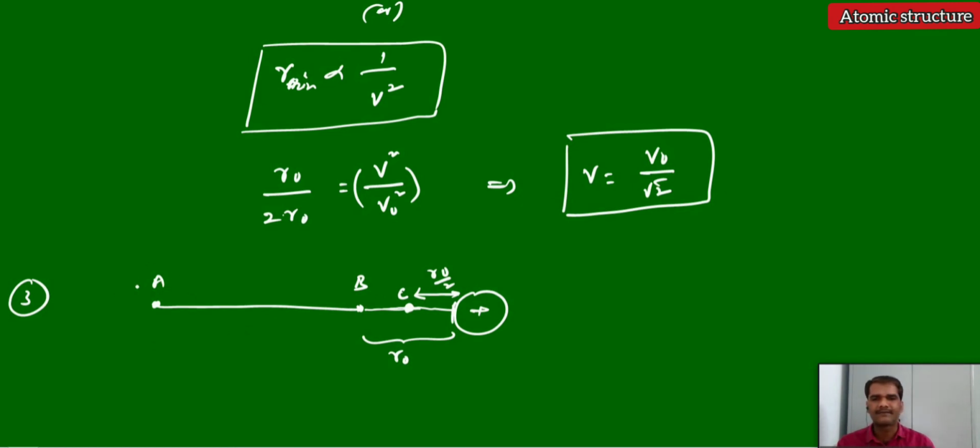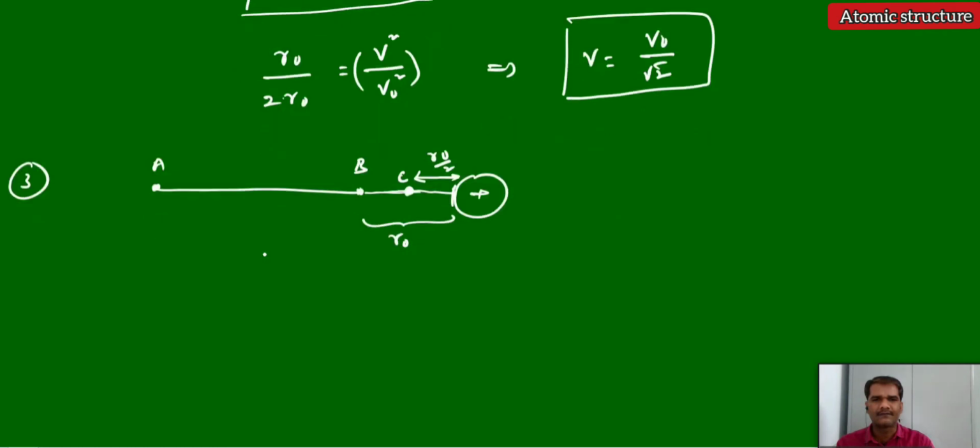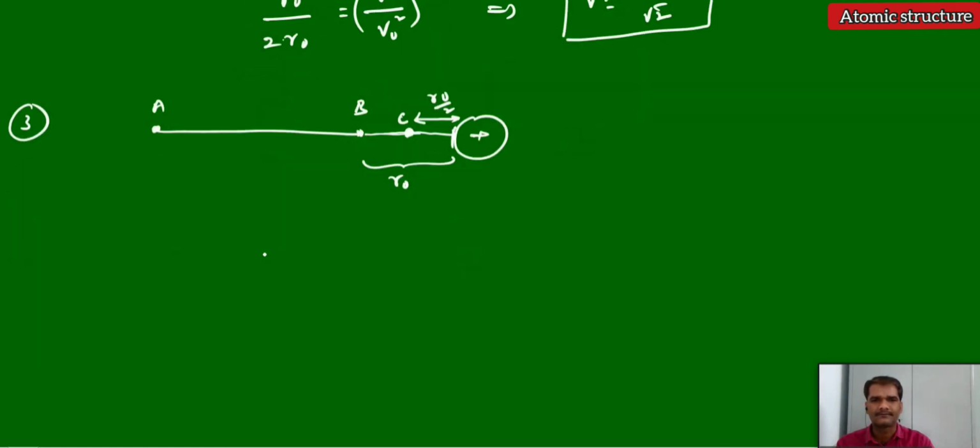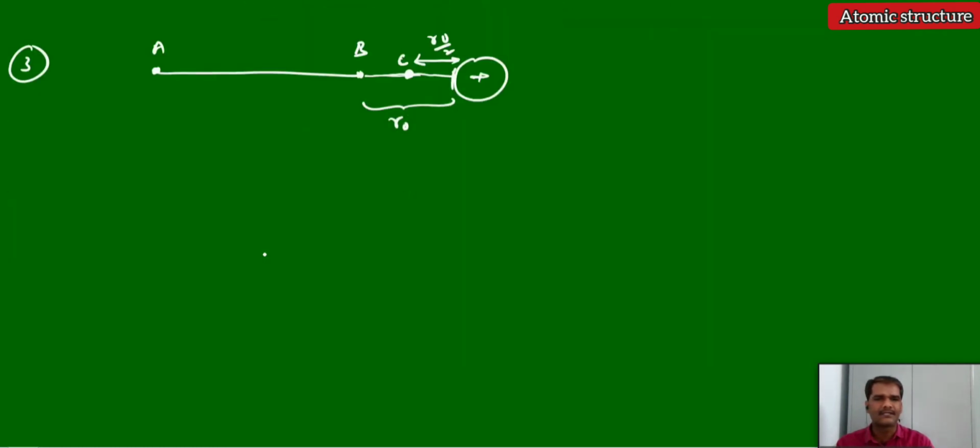The initial velocity is V naught at a distance of infinity. Again, the same derivation you can apply. First we will go with the derivation, and after that the shortcut method. At point A, the energy should be equal to the energy at point C. What is the energy at point A?